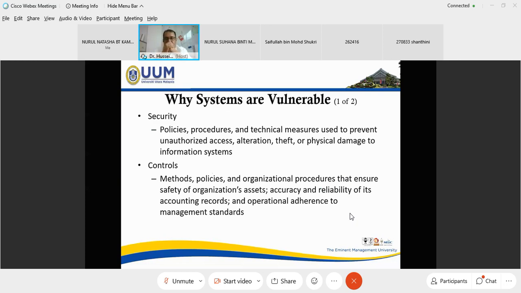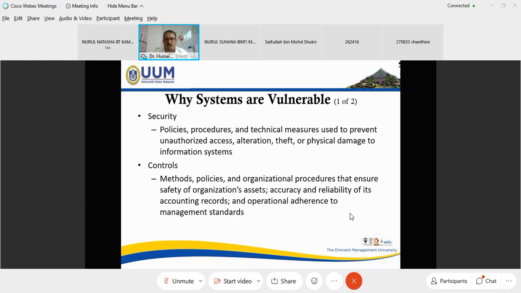So policies and procedures are among the security measures that should be taken. What are the policies, procedures, and technical measures used to prevent unauthorized access, alteration, theft, or physical damage to information systems?